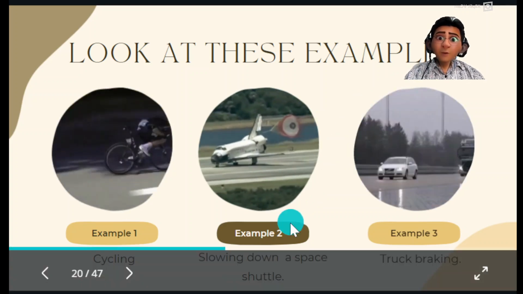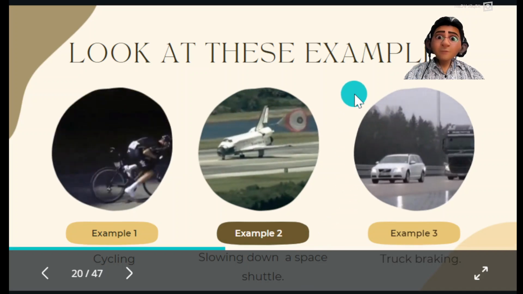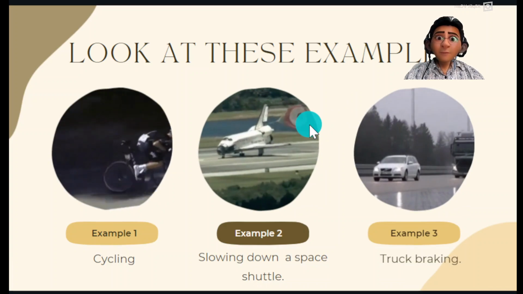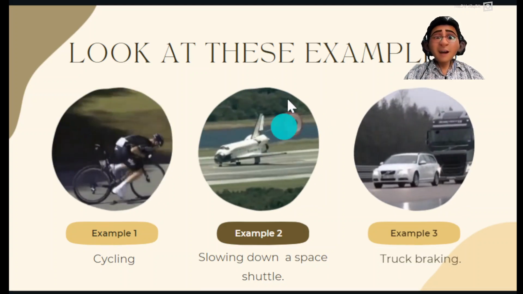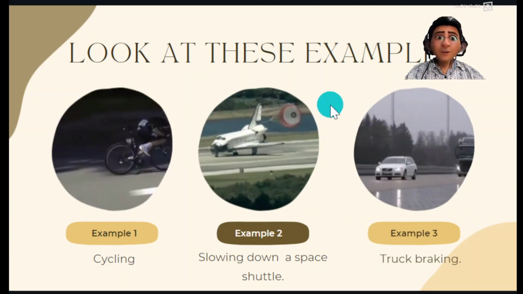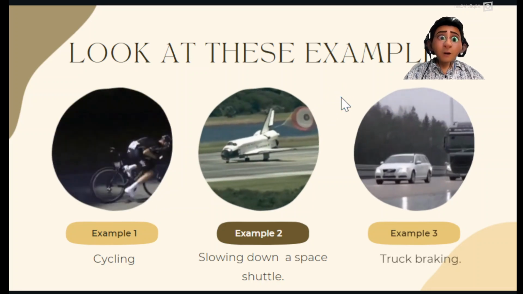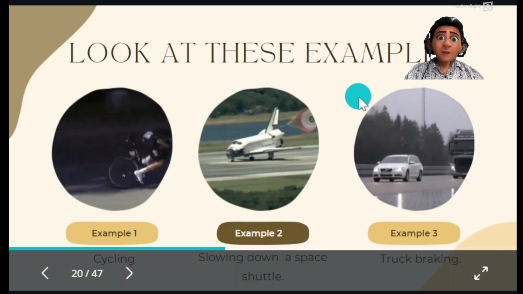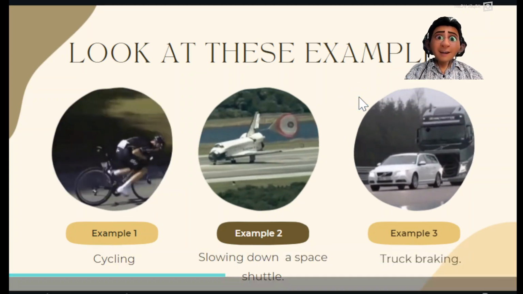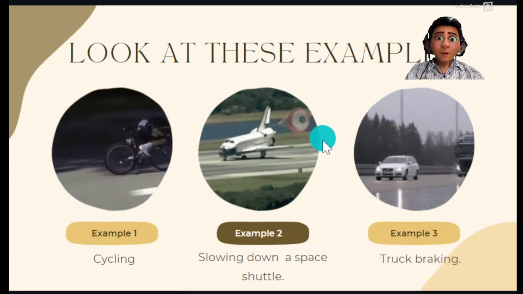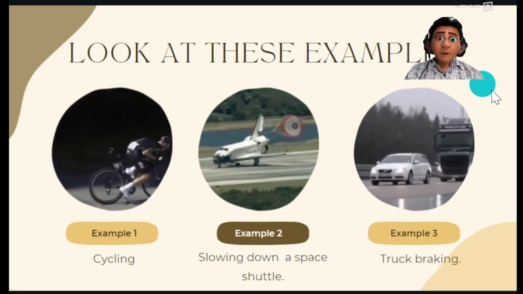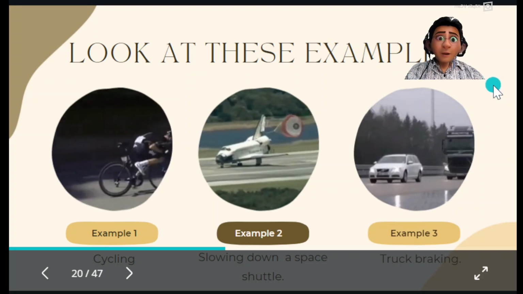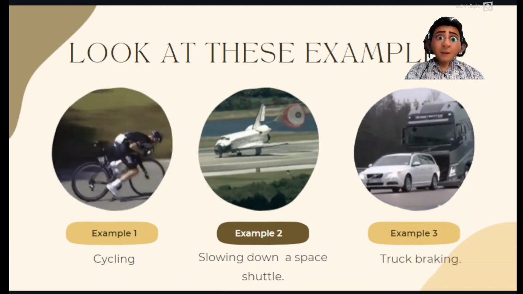Example number two, slowing down a space shuttle. When the space shuttle lands, they have this kind of brakes, which is a parachute. A parachute can slow down the space shuttle when it is landing, like here in the picture. And example number three is braking.